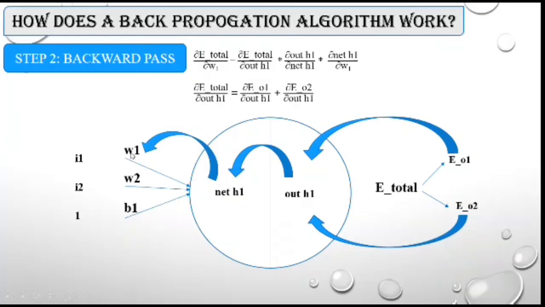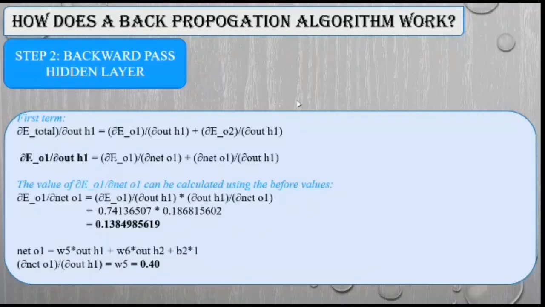For the first term, E total can be written as the sum of EO1 and EO2, so this term can be broken into partial differentiation of EO1 with respect to out H1 plus partial differentiation of EO2 with respect to out H1. Now let us go in depth and understand the math behind it.